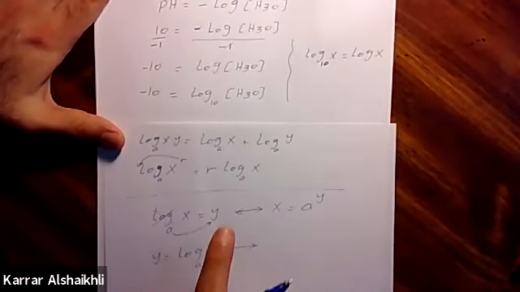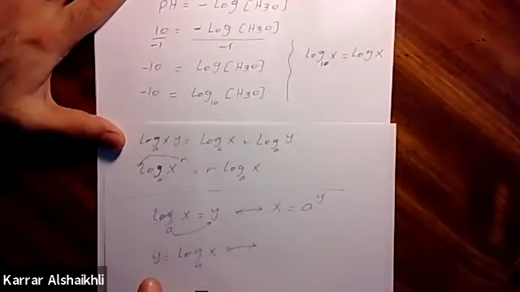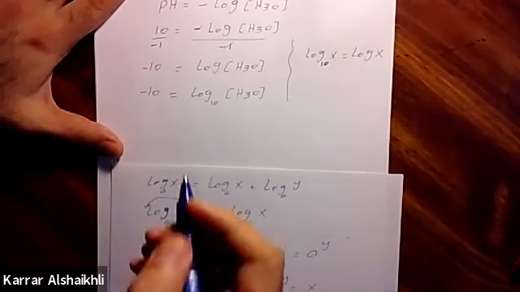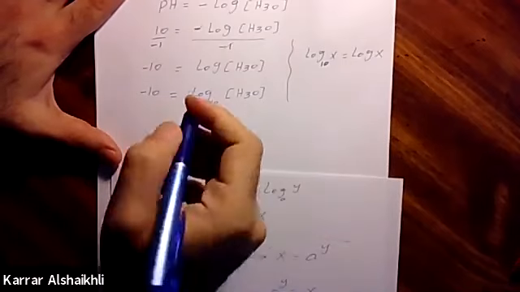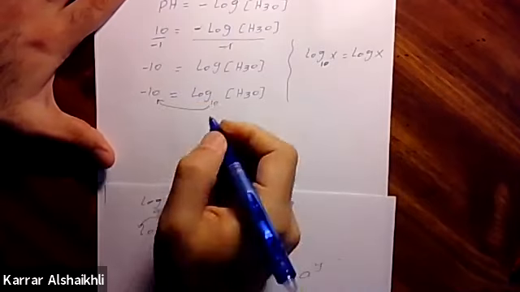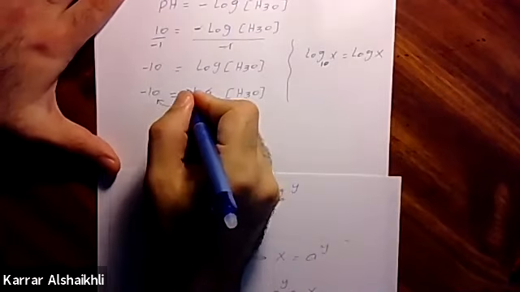The x is H3O. So what I'm going to do here is move the base to the other side and cancel the log. So it's going to be a to the y equals x. That's what I'm going to do here. I convert the log form to the exponential form, move the base, cancel the log.